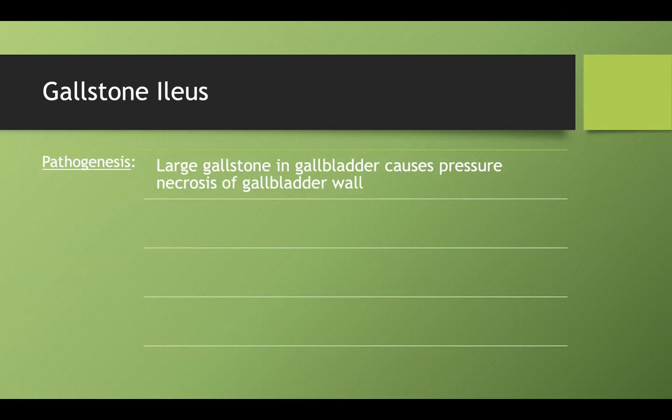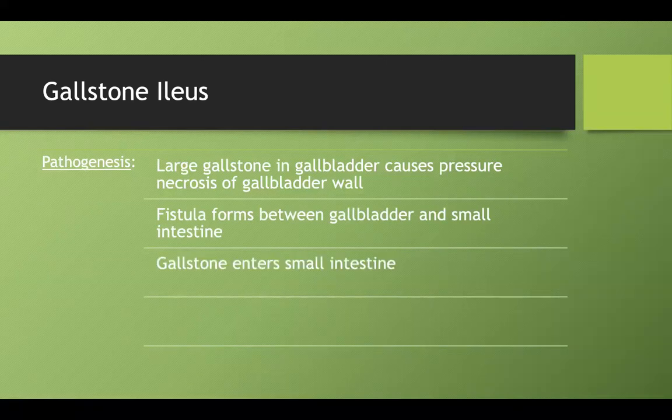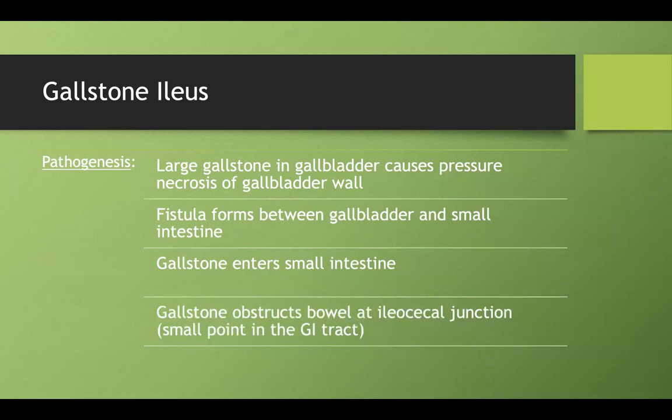That pressure over a significant amount of time will slowly erode away the gallbladder wall. Eventually a fistula can form between your gallbladder and your duodenum directly. Once that happens, over time that gallstone can actually sneak into your small intestine, and it'll travel all throughout your small intestine, and your ileocecal valve is the smallest point of your intestine.